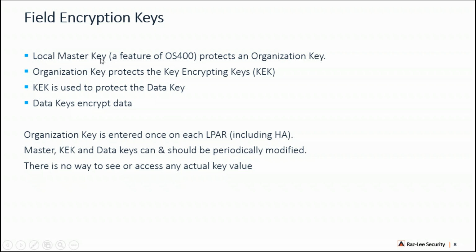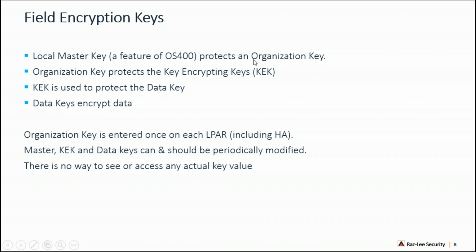The master key is stored in a place which is outside of the regular accessibility of the computer. It is actually stored in the service computer, the one which shows the running number when you IPL the system.